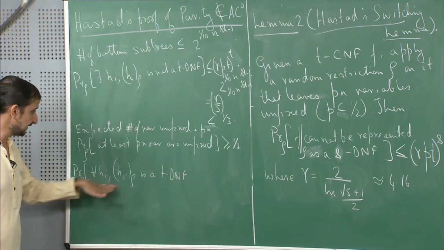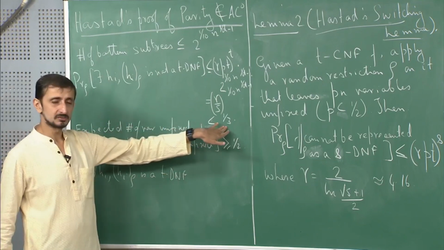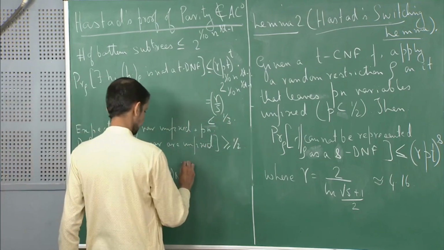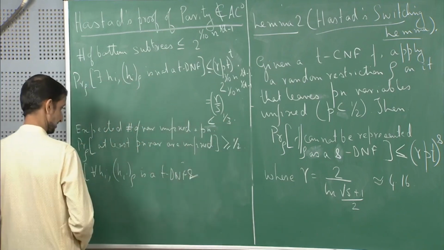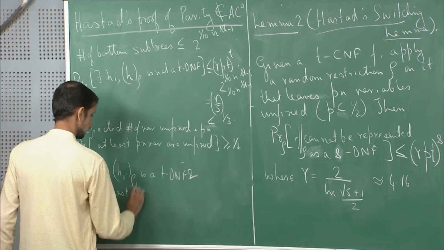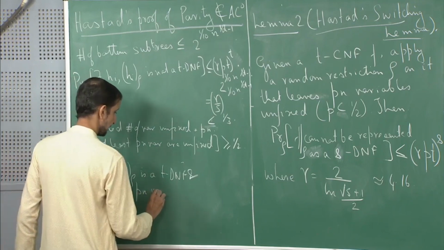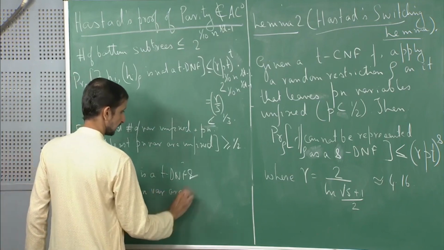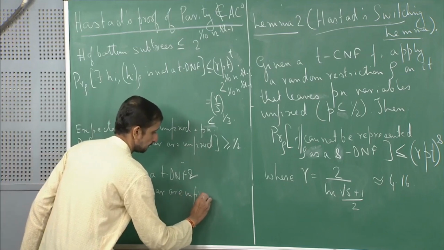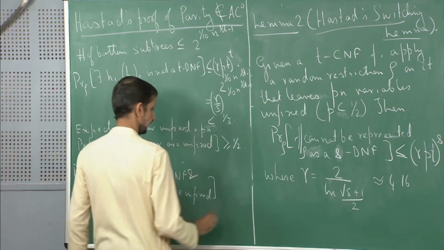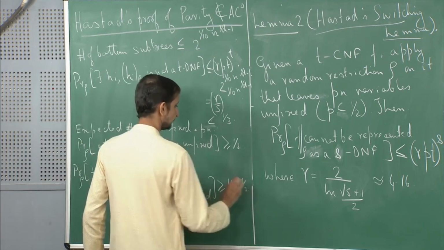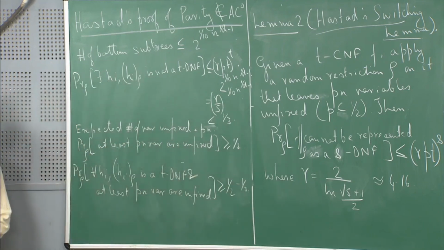Note that the probability of this is 1 minus 1/3, which is greater than 2/3, and the event that at least pn variables are unfixed has probability at least half.